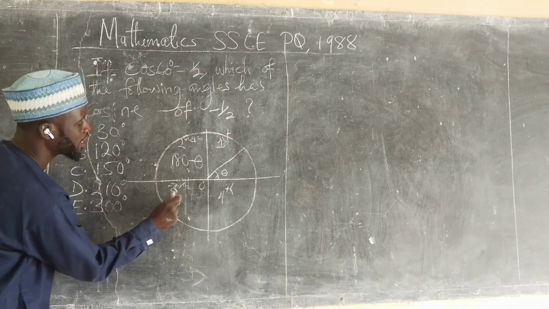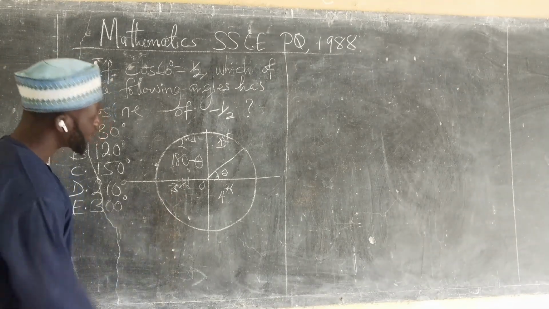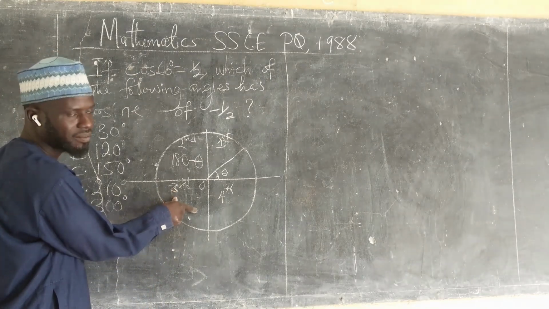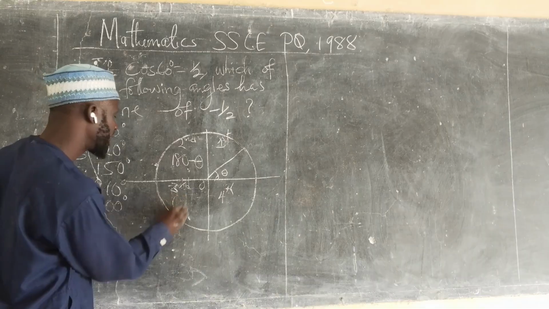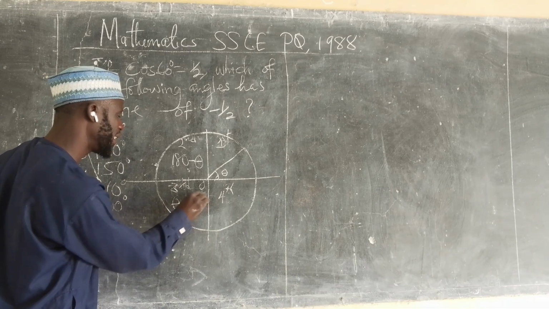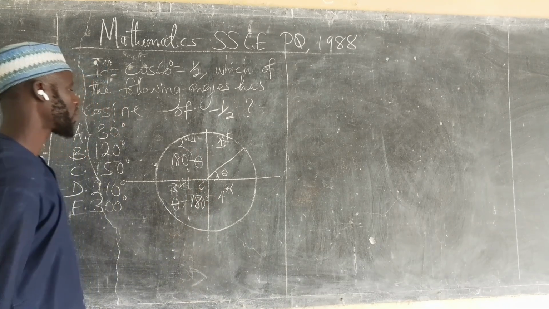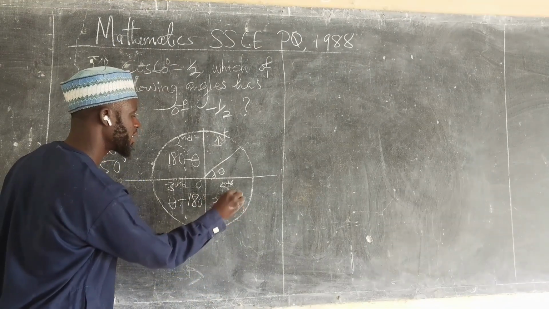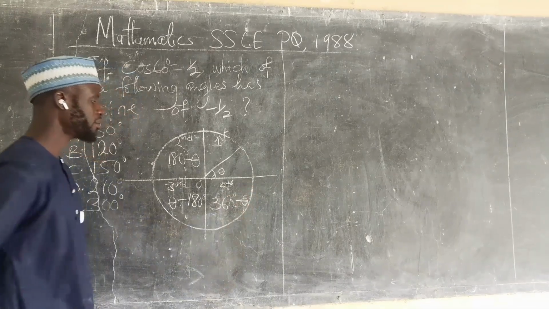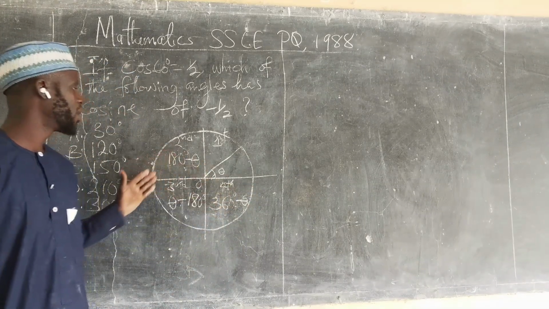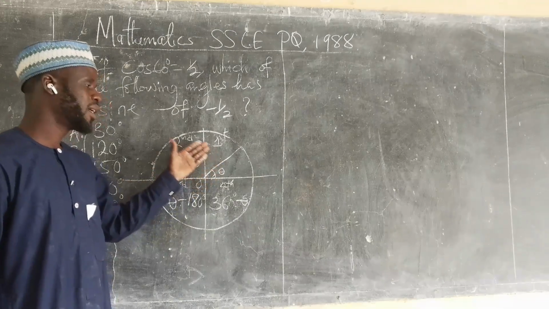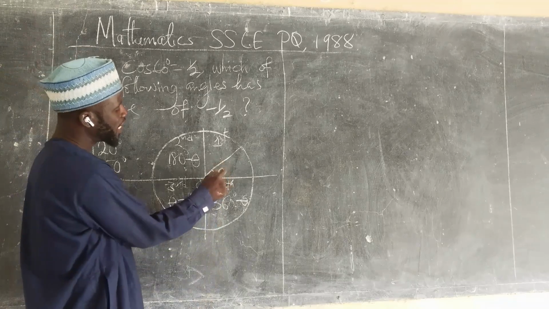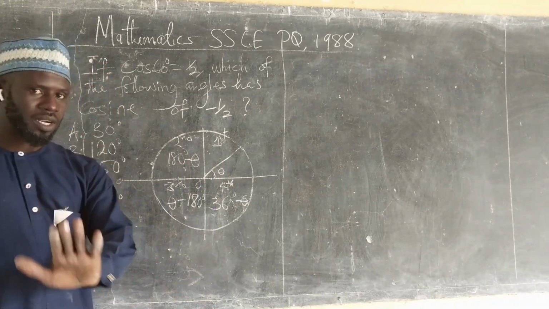In the third quadrant, the reference angle for any angle theta falling here is theta minus 180 degrees. While in the fourth quadrant, it is 360 degrees minus theta. These are the respective reference angles for any angle theta. But when theta is in the first quadrant, it is its own reference angle.